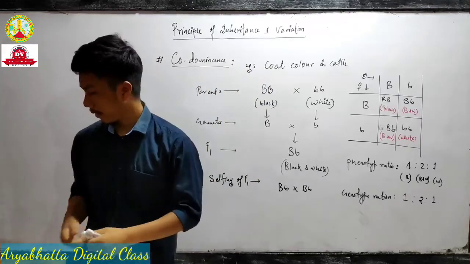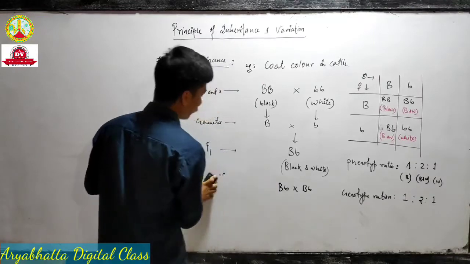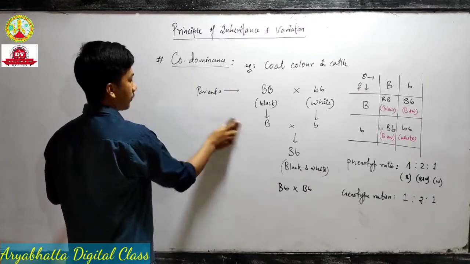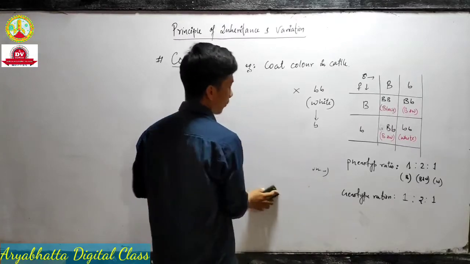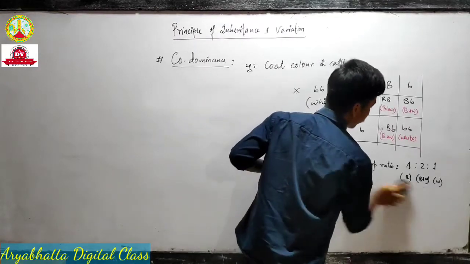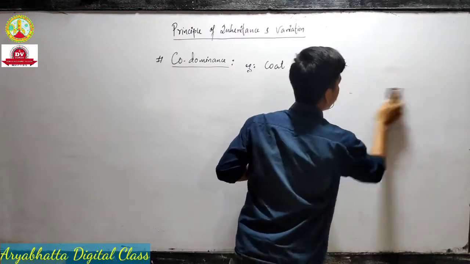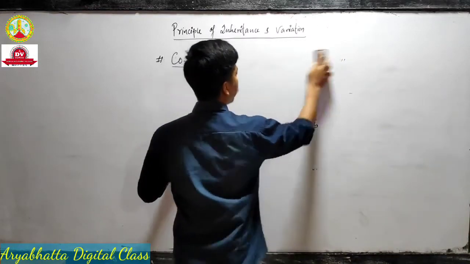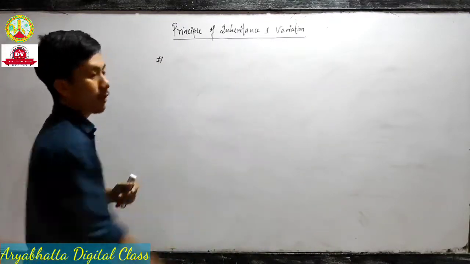Alright. Okay, now again we will take the next topic. Next we will take multiple allelism. That is our codominance.